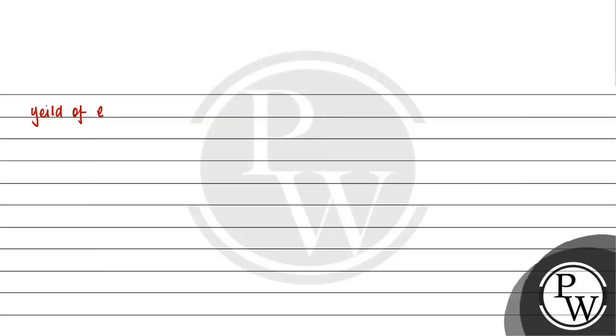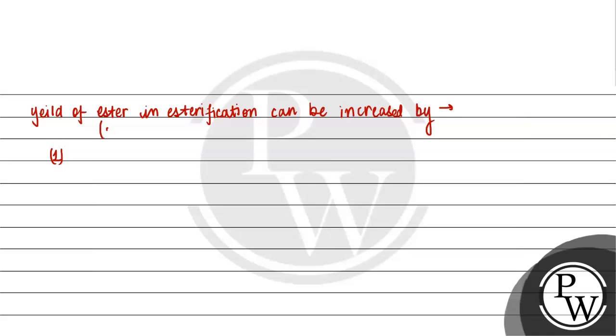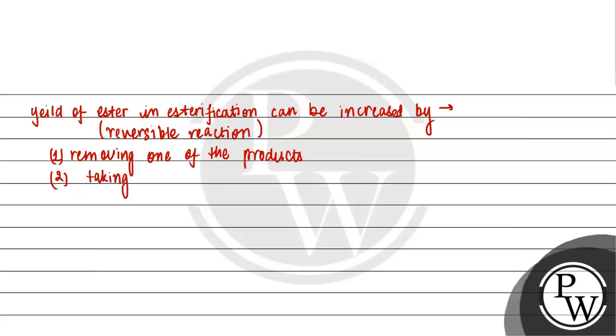Yield of ester in esterification can be increased by, तो पहला पॉइंट हमारा हो जाएगा, we know that the yield of the product, we can see that reversible signs over here, so it is a reversible process or we can say reversible reaction. तो अगर हमें yield बढ़ानी है इसकी तो we can remove one of the products, removing one of the products, or we can increase the yield by taking either reactant, either carboxylic acid or the alcohol in excess. Taking either of the reactants in excess.